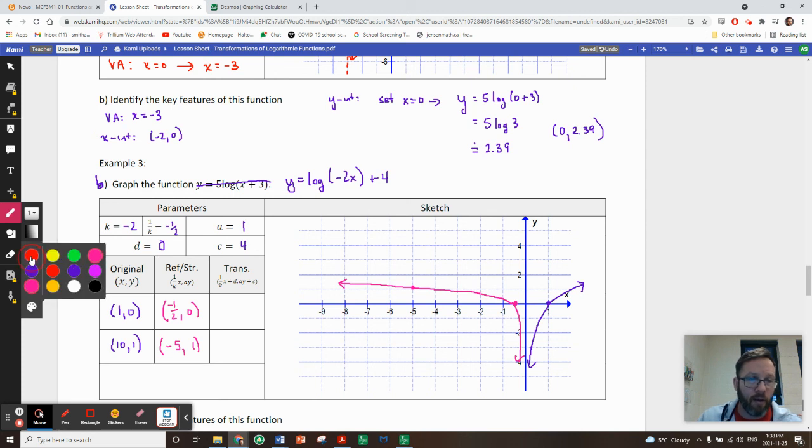And now we just have to translate, and we're only shifting these up 4 units. So (-1/2, 0) will go to (-1/2, 4). (-5, 1) will go to (-5, 5). Up here, and (-1/2, 4). And that's it.